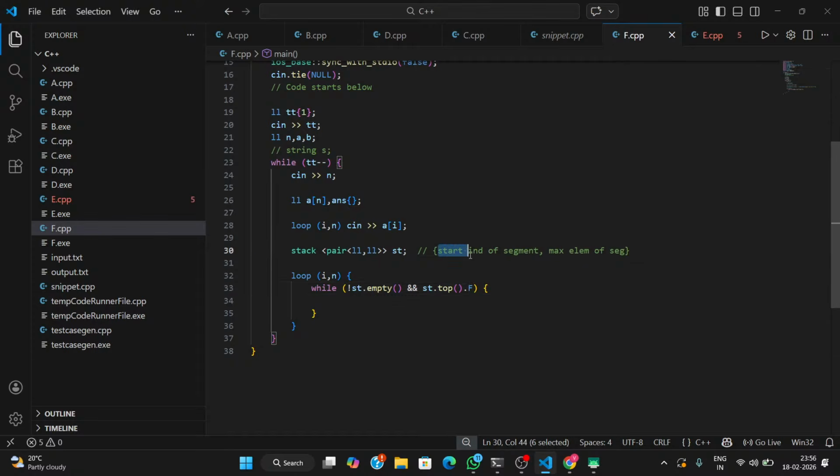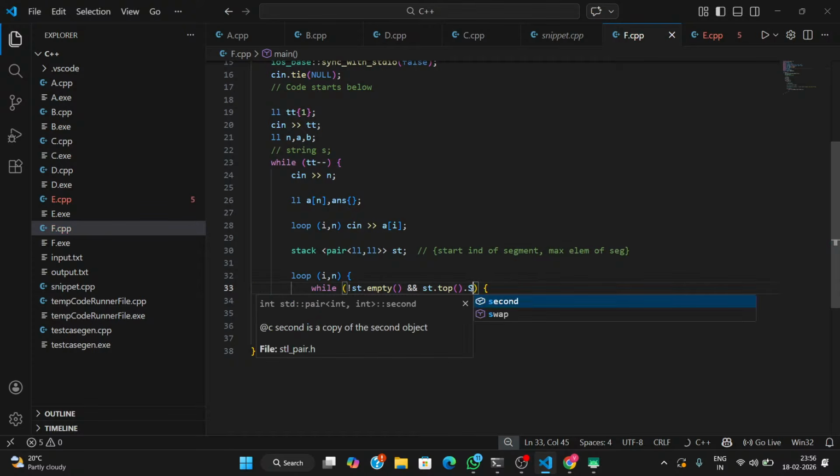So of the pair, it was the start index of the segment, right? So it is stored in the array, right? Just a second. What am I doing? Sorry. We need to check the second element, right? What was the second element? The second element was the maximum element of the segment. Okay.